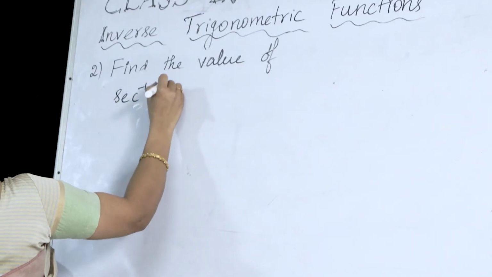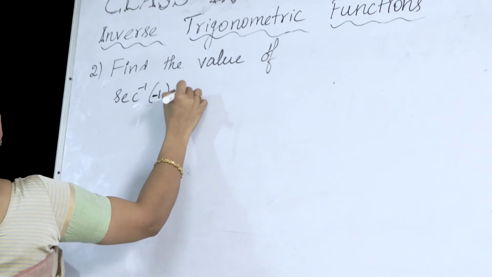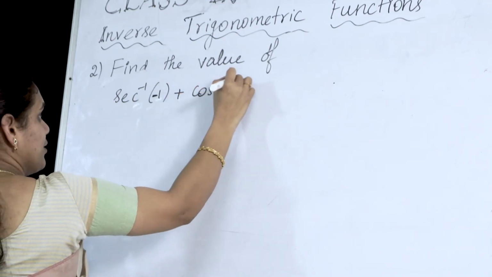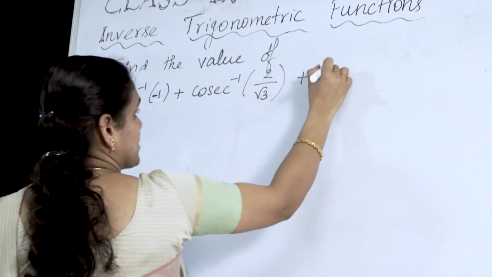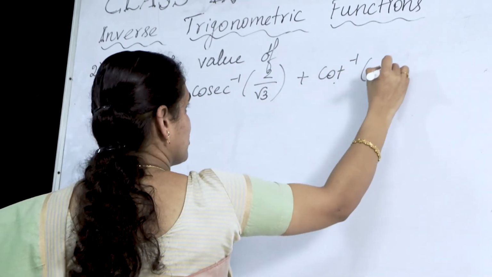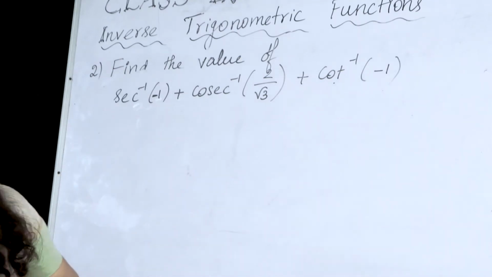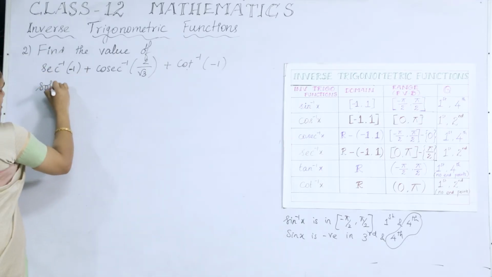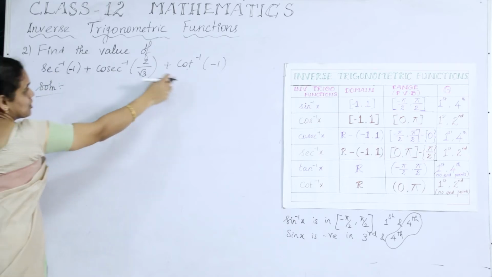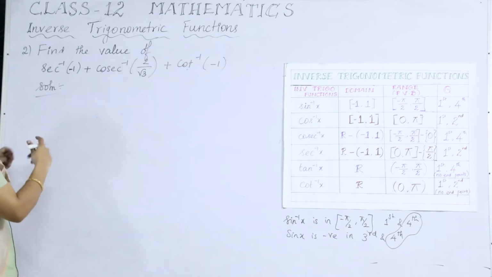Secant inverse of minus 1 plus cosecant inverse of 2 by root 3 plus cot inverse of minus 1. Similar to the first one, so let us find out the three functions' values separately, then we will bring them together.